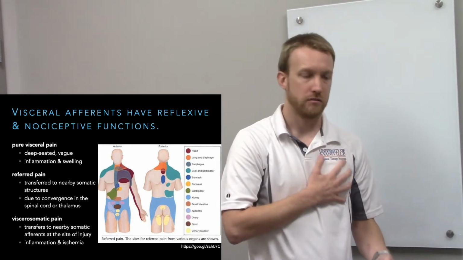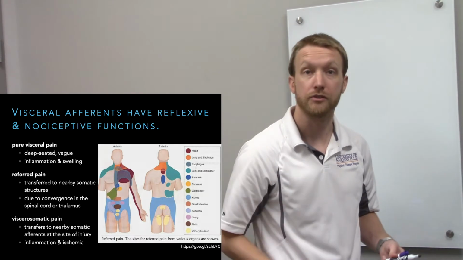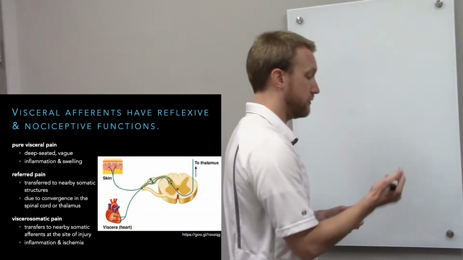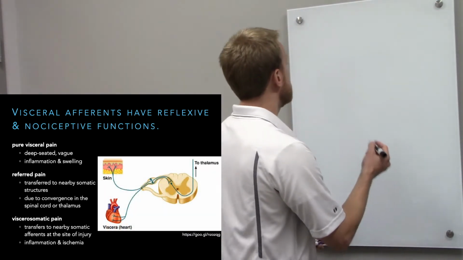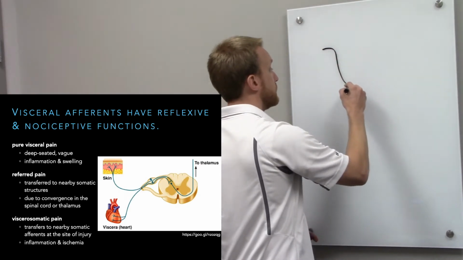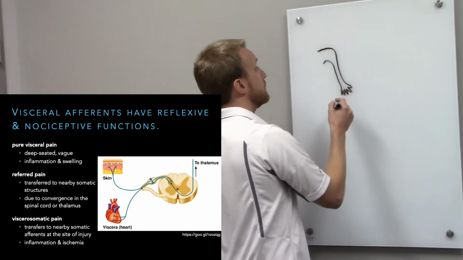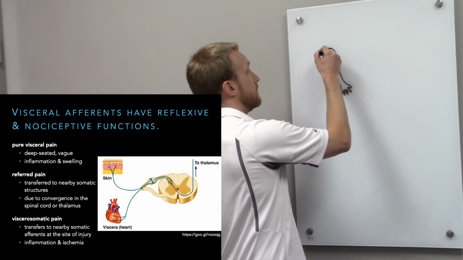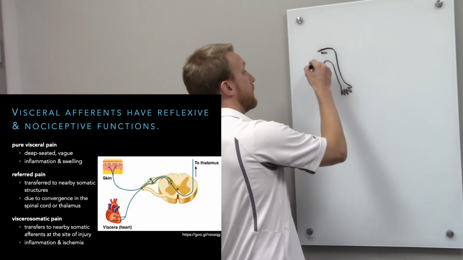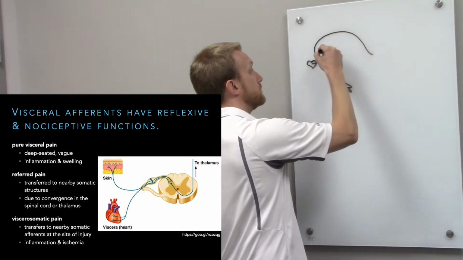Why is that? Well, it's because of this convergence of sensory afferents. So the afferent of the shoulder and the afferents of the heart converge.